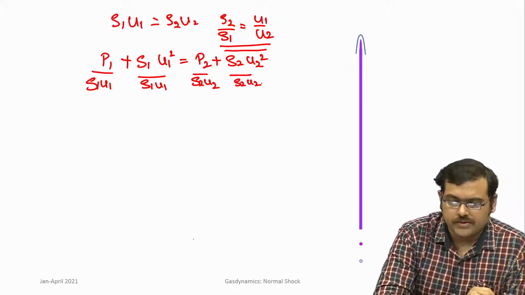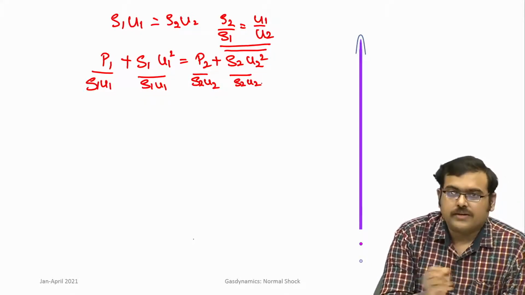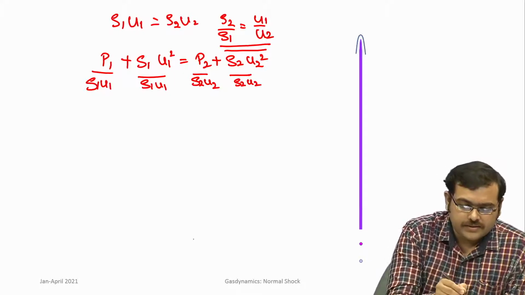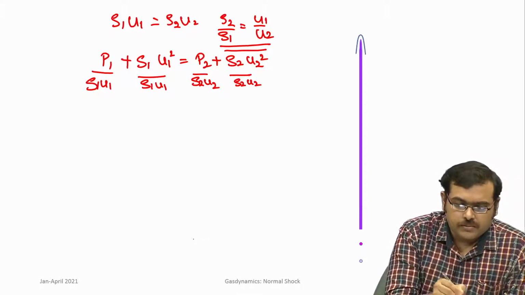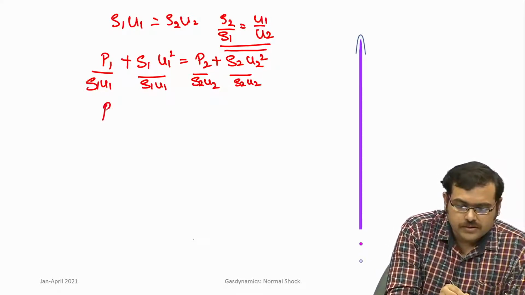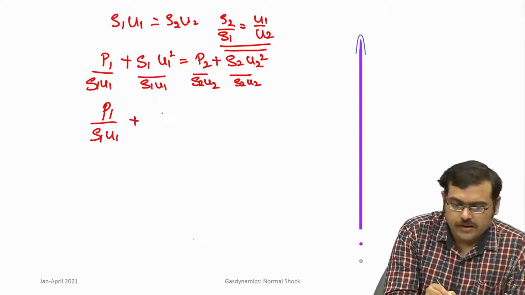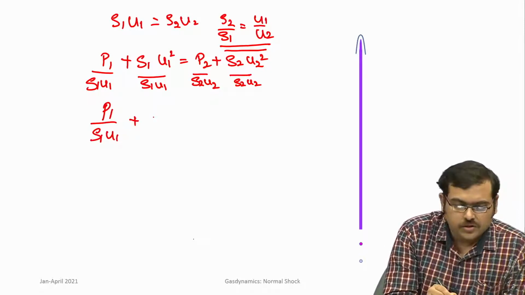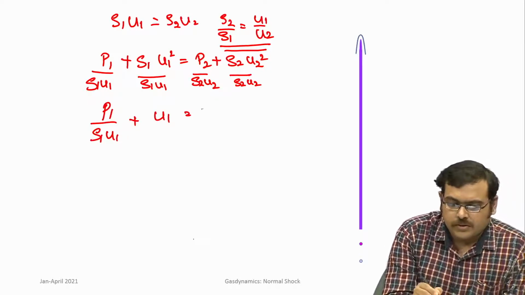I can do this on both sides of the equation. So I get these terms: P1 by rho 1 u1 plus u1 equals P2 by rho 2 u2 plus u2.